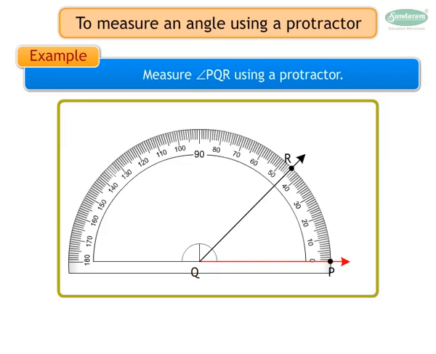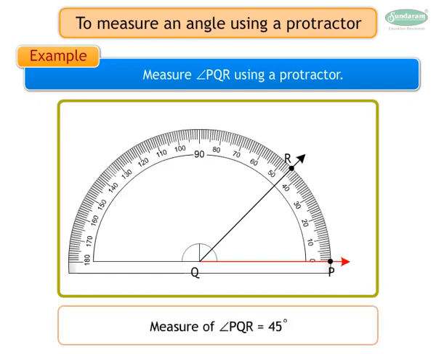Now, the 0 mark on the protractor will lie on ray QP. Number 7. Which mark from the protractor coincides with ray QR? It is the 45 degree mark. So, the measure of angle PQR is 45 degrees.